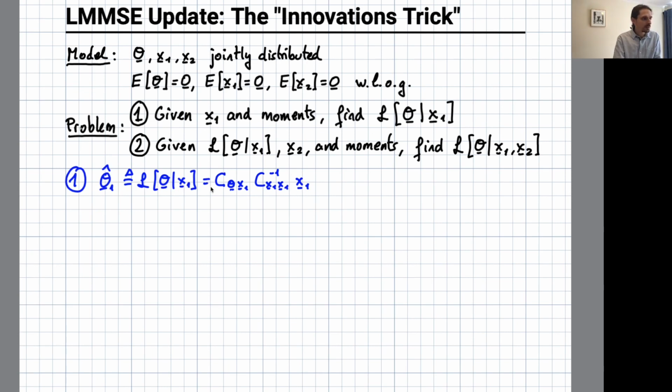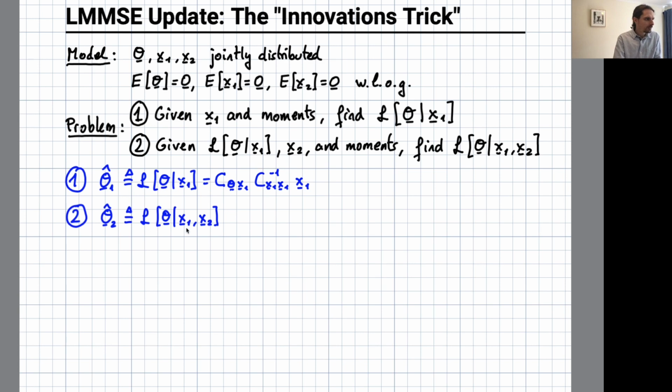So the first step is straightforward. We just need to apply the general expression for LMMSE estimators that we know very well at this point. Since the means are 0, this simplifies. The second step is more tricky.